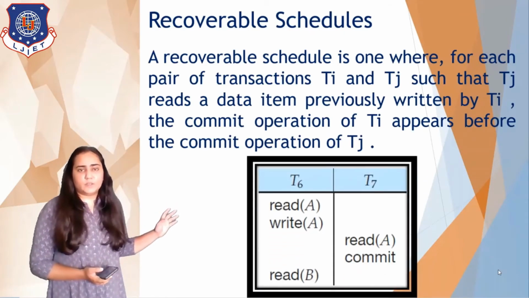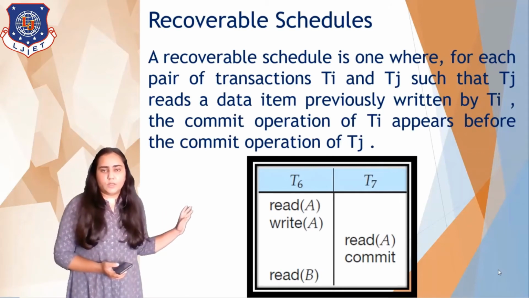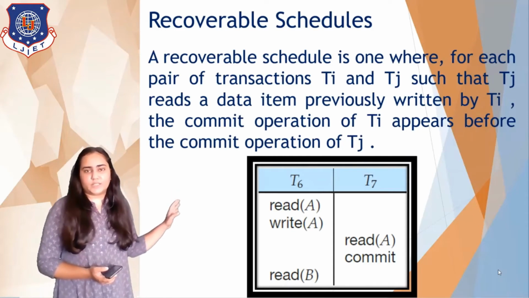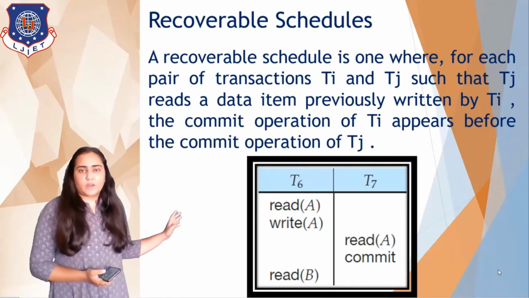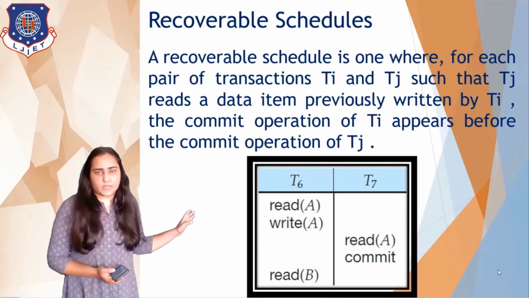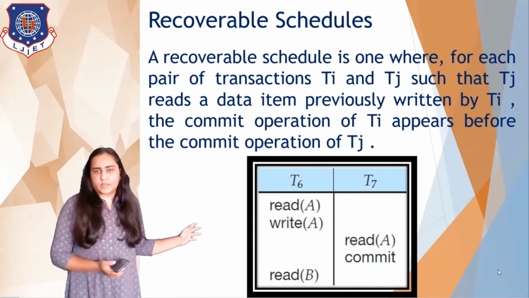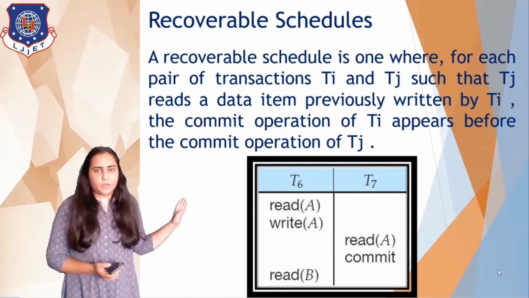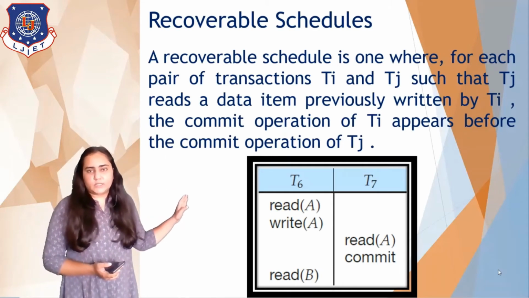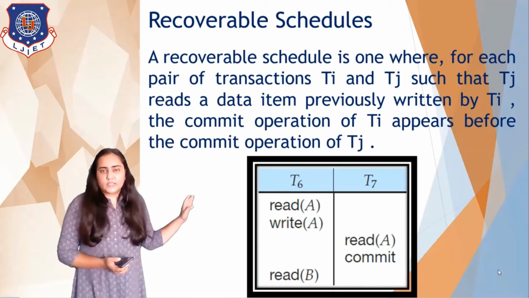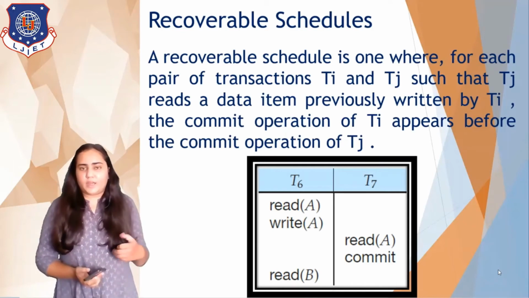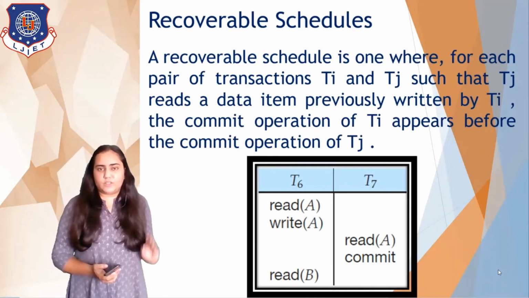You can see here, this is an example schedule. It is not a complete schedule because there are two transactions, T6 and T7, out of which T6 hasn't committed yet. So it is only a partial schedule, and for our example purpose, a partial schedule is okay. T6 is performing read A and then write A, which means it has read the value of A, made some calculations, and now it is writing A back.